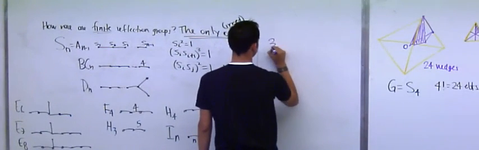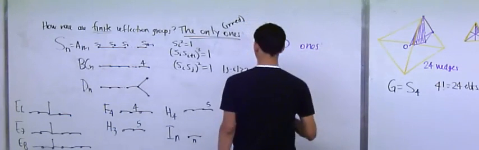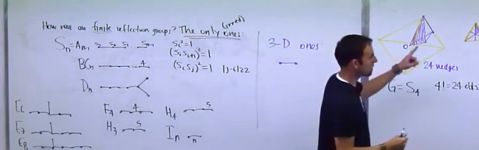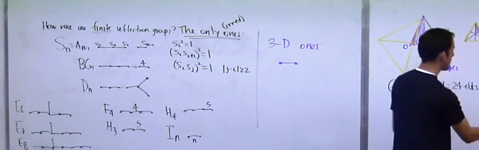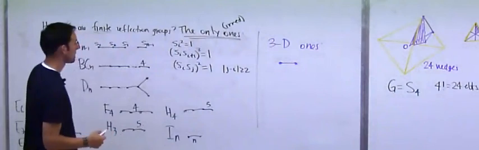Actually, this is a two-dimensional one, right? And it has two nodes. It has two generators. If you want three-dimensional ones, they're going to have three generators. So they should have three vertices.